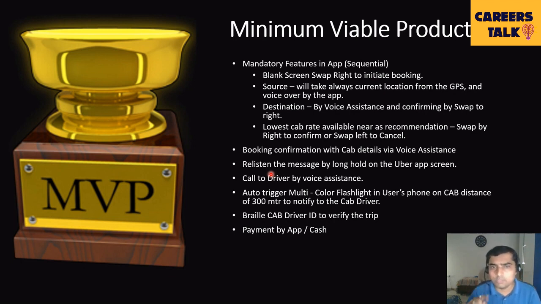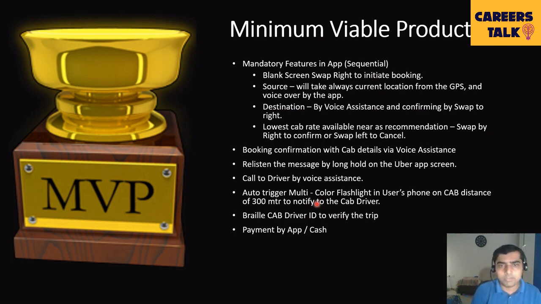When the blind user presses the long hold, this app will repeat the message about the cab detail. And again, on the same screen, we are giving a call to driver option. If this blind person wants to talk to the driver, they just say call to driver, and this call will connect directly to the cab driver, and this blind user can talk with him.